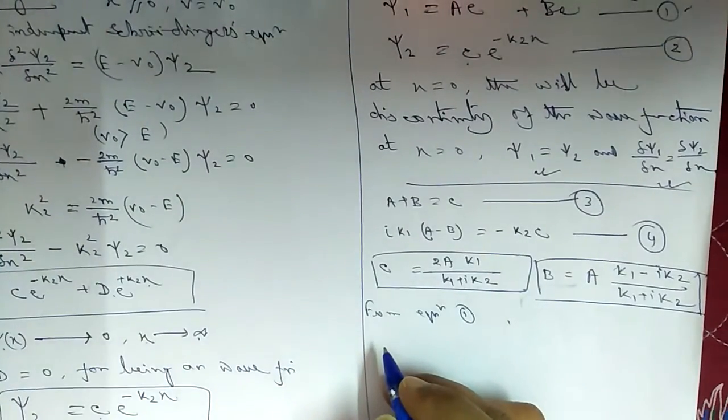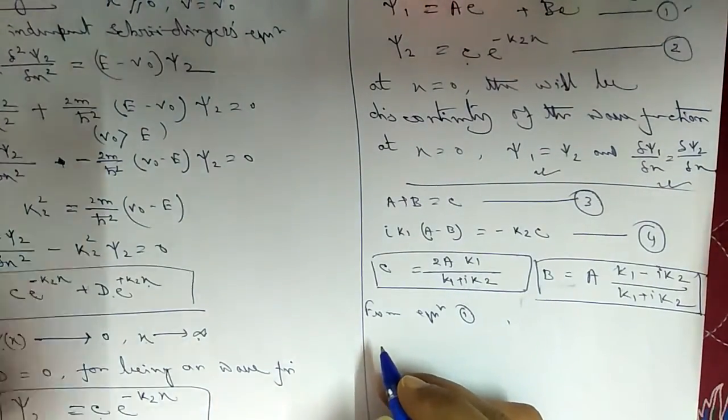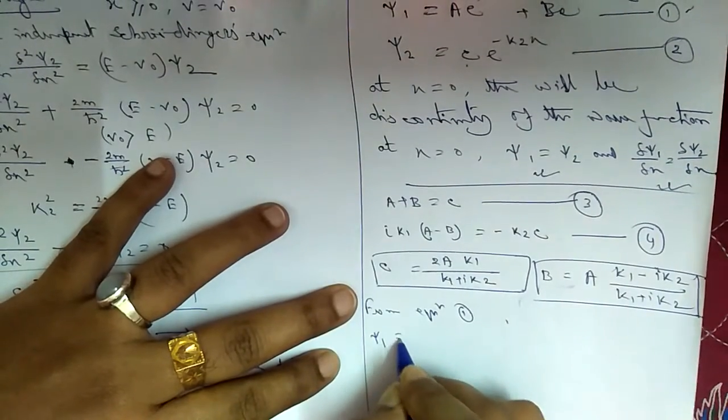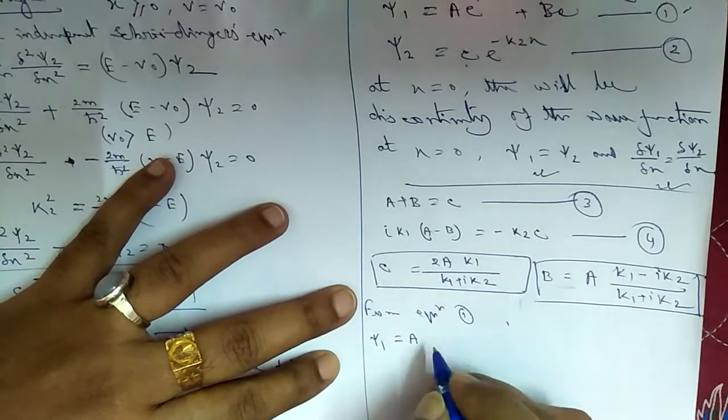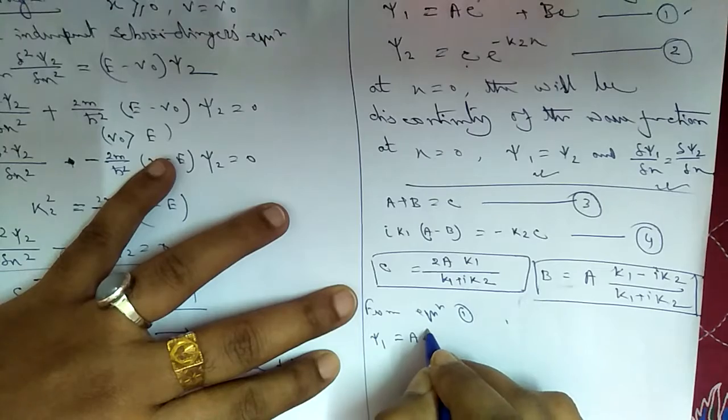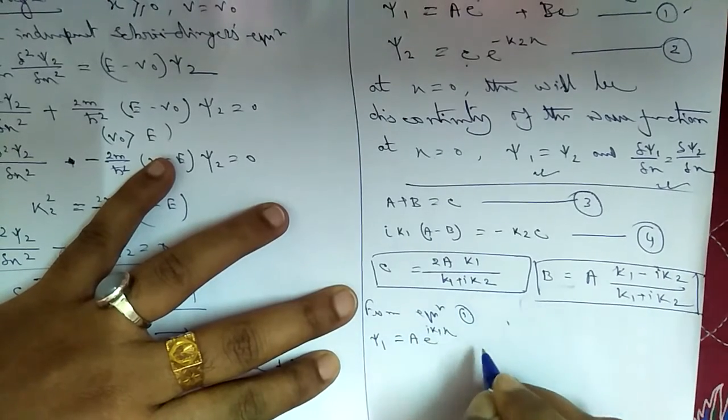write all the constants in terms of a, like psi 1 will be equal to, first term is already in terms of a, a e to the power i k1 into x.